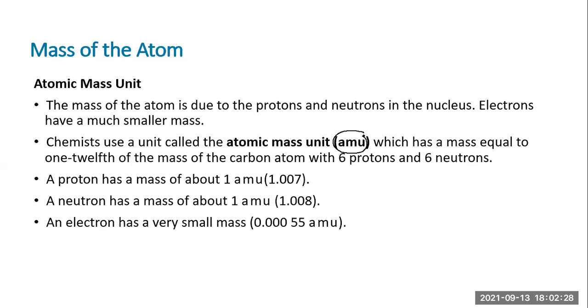A proton has a mass of 1.007 AMU, a neutron 1.008, so very, very close in terms of their mass, and then the electron is 0.0055 AMU. Most of the time, people will use the grams version, and for example, these are times 10 to the minus 24 grams.